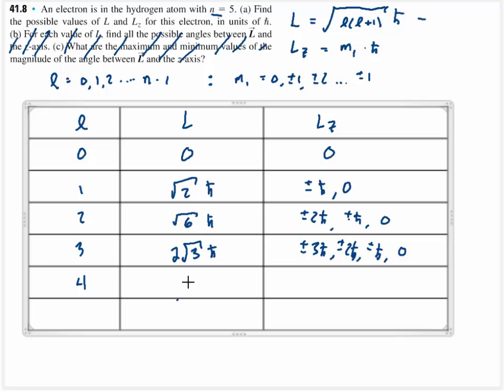And last but not least, for L equal to 4, I'm going to have 2 square roots of 5 multiplied by h bar. I just did some pulling out for you. And then plus and minus 4 h bar, plus and minus 3 h bar, plus and minus 2 h bar, plus and minus h bar, and 0.